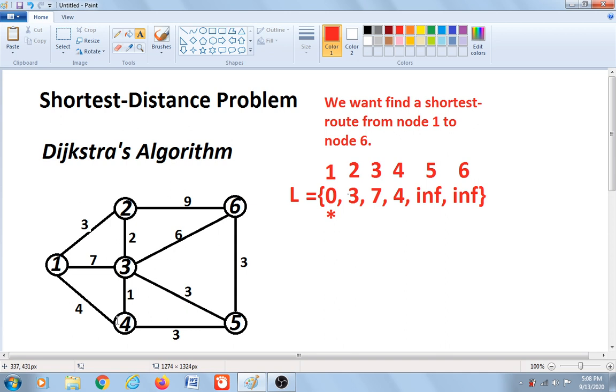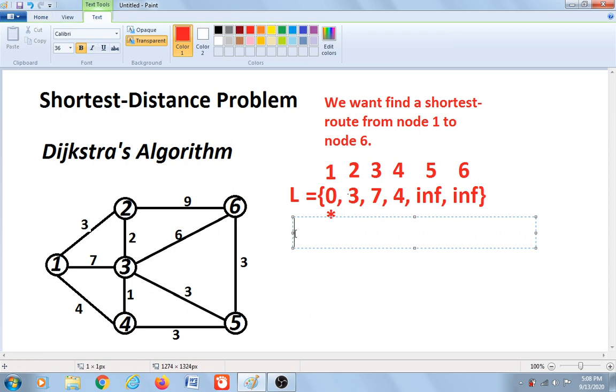Okay. So what is the distance? Let's say that S is the minimum distance if we start from node number 1. So from 1 to 2, the distance is 3. From 1 to 3, the distance is 7. And from 1 to 4, the distance is 4. Okay.